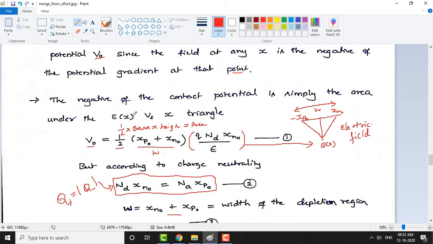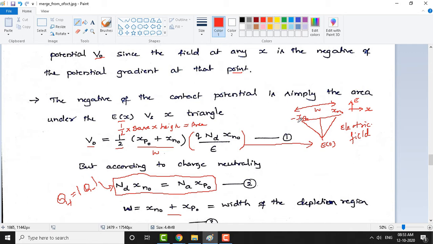Now let us see that the negative of the contact potential is simply the area under E of x. We already showed this E of x graph. The x axis is the distance x and the y axis is the electric field.